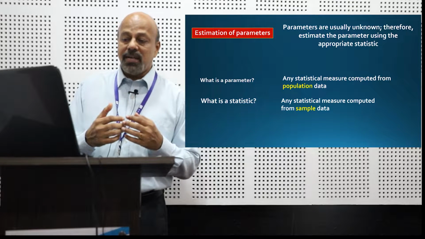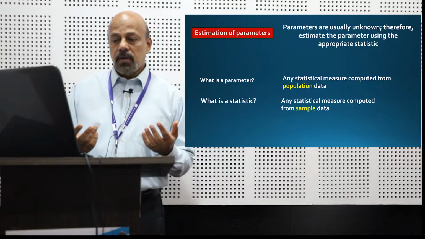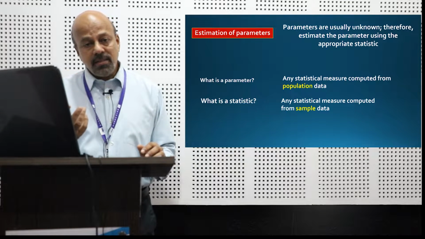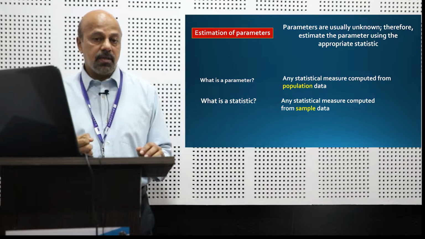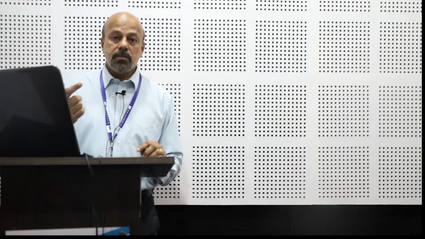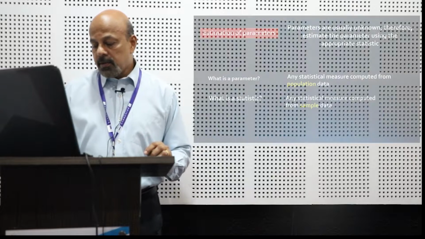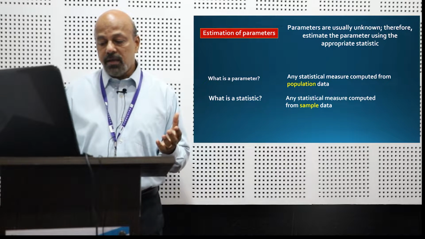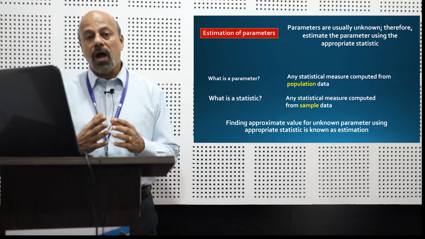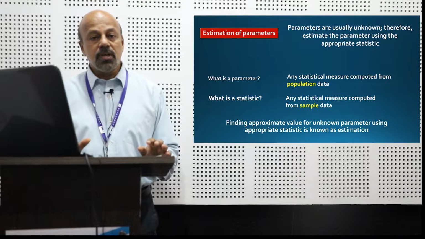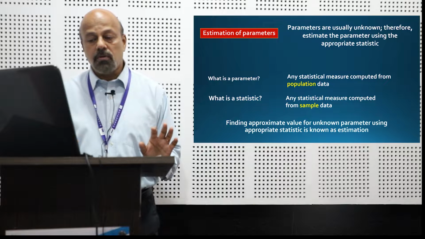What we are doing in the estimation of parameters is looking at the sample data, which is the statistic, and based on the statistic we are estimating the population parameter. The statistical measure related to the population will be computed based on the sample statistical measure, which is the statistic. So estimation of parameter can be defined as finding an approximate value for an unknown parameter using an appropriate statistic. This is what is called estimation.